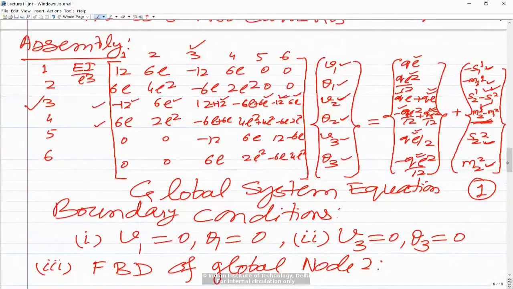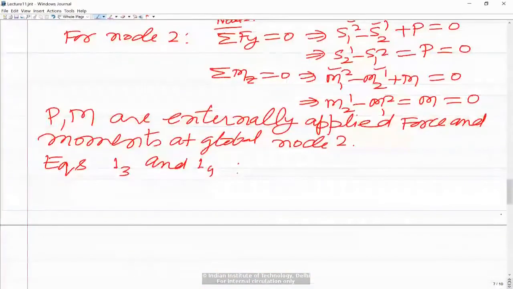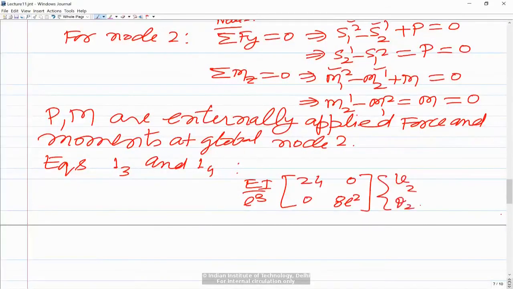So only the terms corresponding to V2 and theta 2 remain. EI by L cube is common. 12 plus 12 gives 24, and minus 6L plus 6L is 0. So these are 0, 0, and this is 4L square plus 4L square, giving 8L square, into V2, theta 2. The right hand side has QL, and the other term is 0, and the external force we already have as 0.